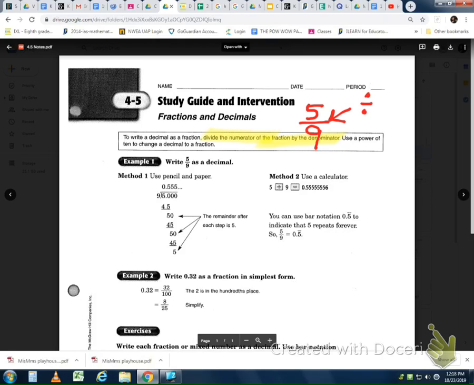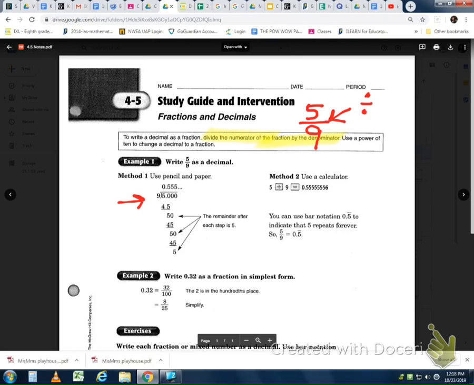When you take 5 divided by 9, as they have right here, 9 doesn't go into 5 directly, so they have to add a decimal, and then they keep adding zeros. Every time, that is 9 going into 50, which is 5 times, and 5 times 9 is 45.